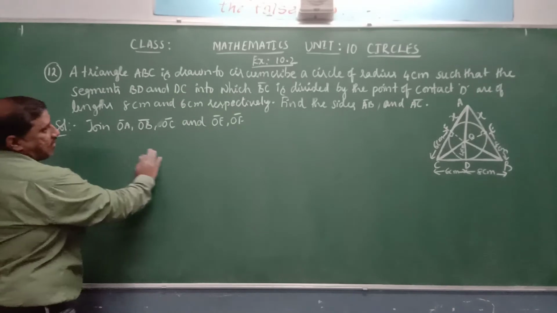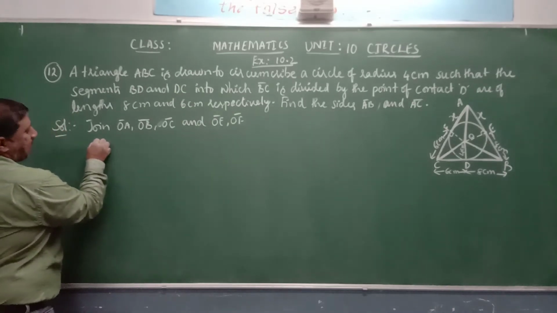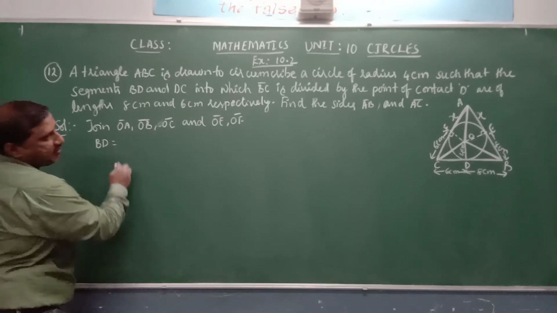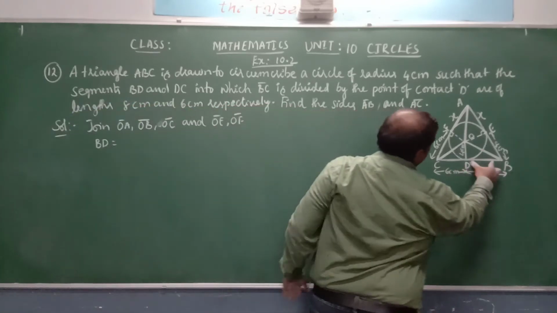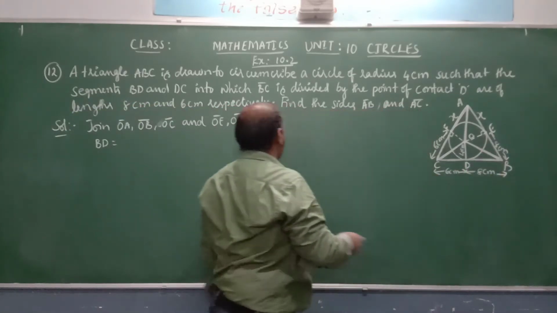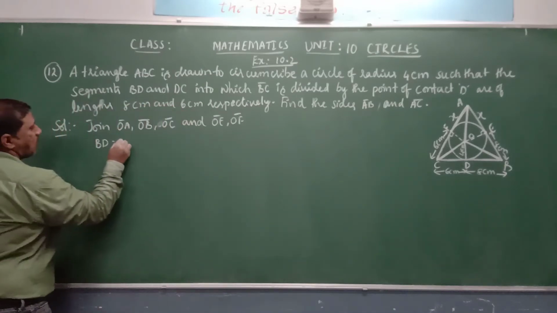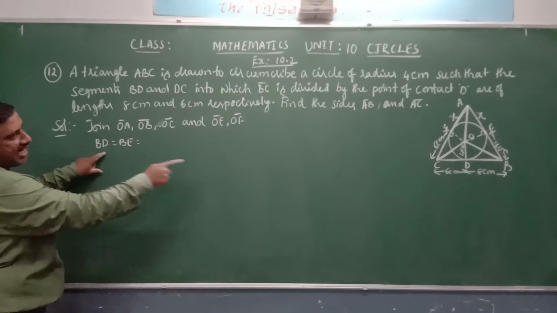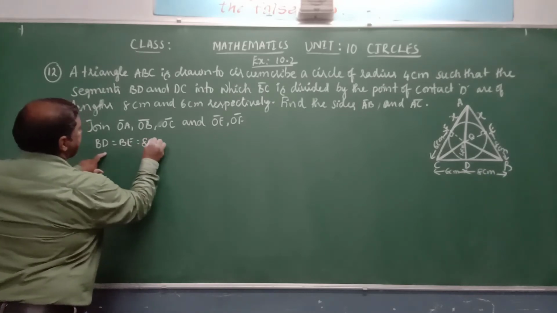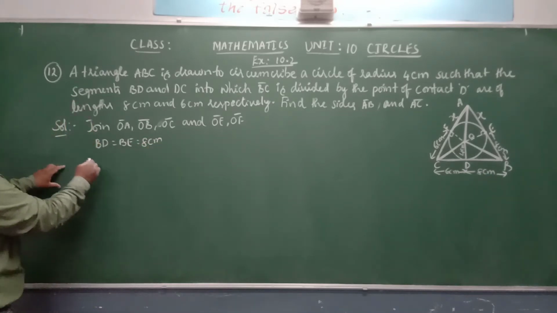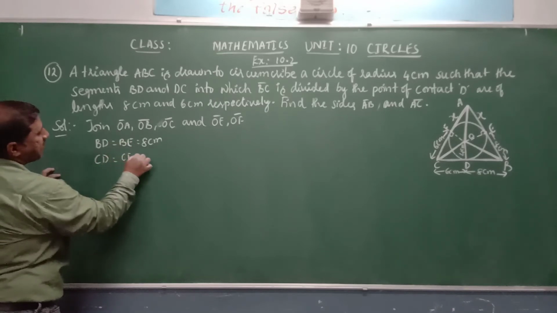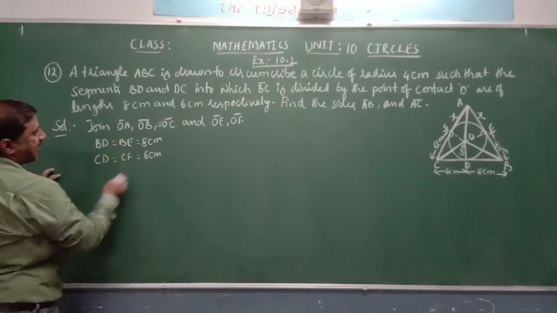Now, the length of BD is equal to BE. BD is equal to BE, and we know it is 8 centimeters. Similarly, CD is equal to CF, which is 6 centimeters.